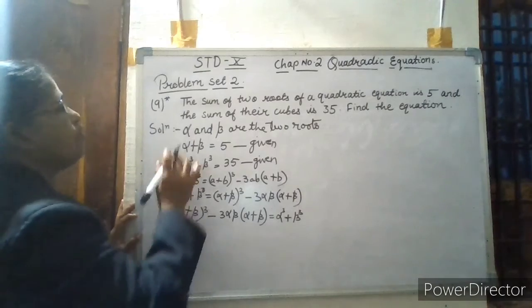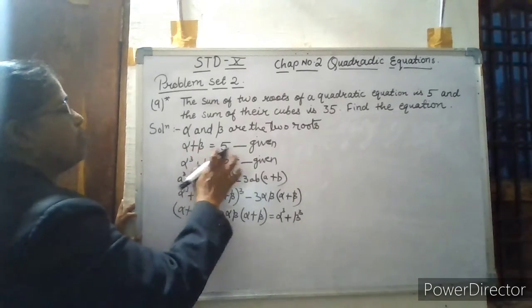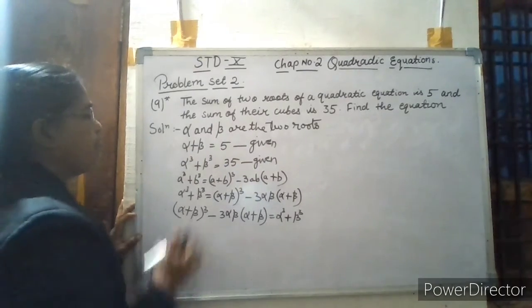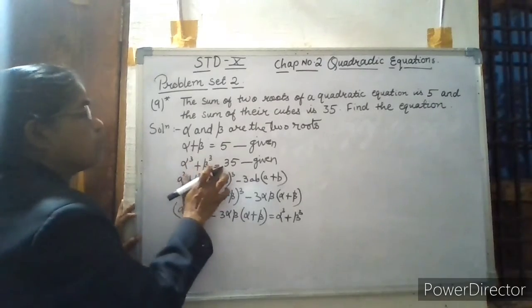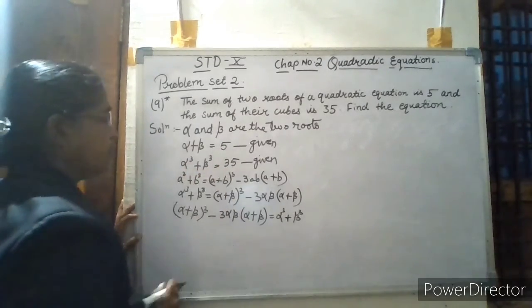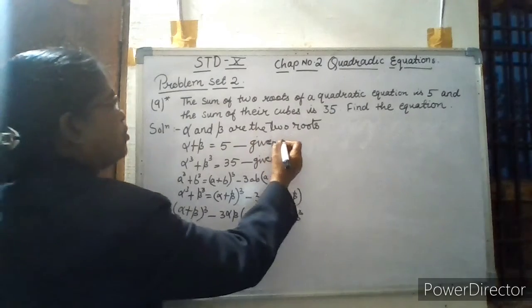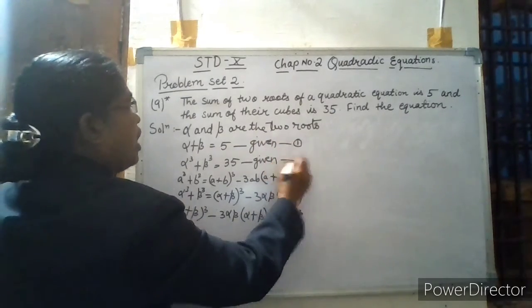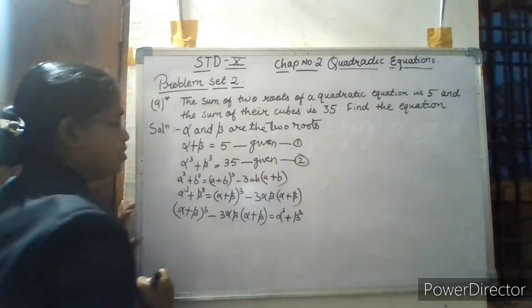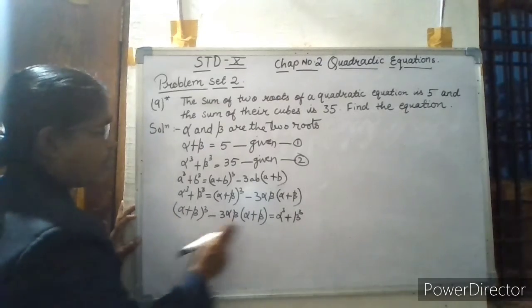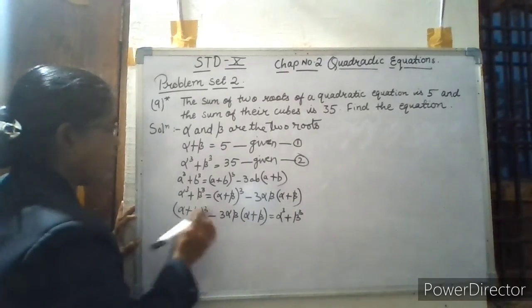Now we have the values: alpha plus beta is equal to 5, and alpha cube plus beta cube is equal to 35. So this you put as 1 and this you give as 2. So from 1 and 2 we'll put the values here.